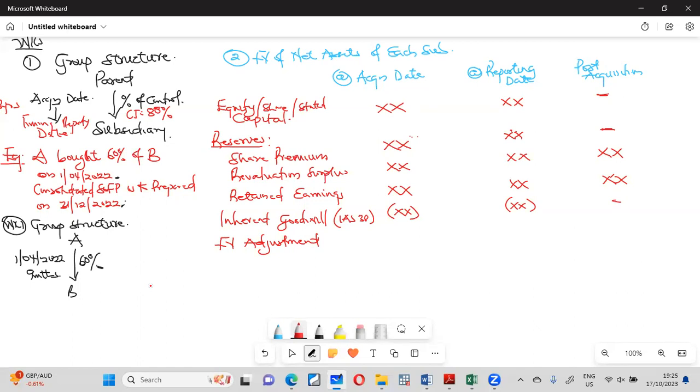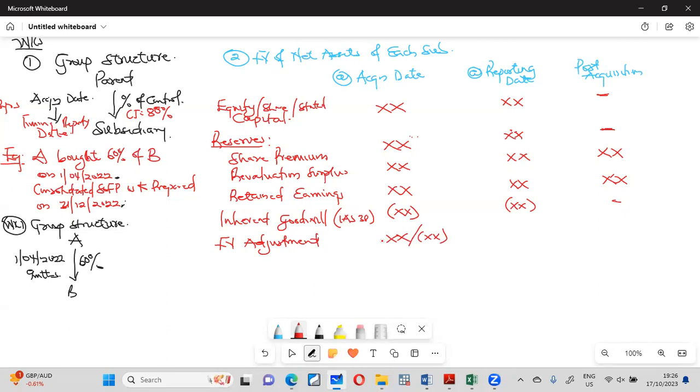If the adjustment is on land, it's a PPE, so it will be land at the acquisition date. The fair value adjustment will be land. Now, the adjustment can be a positive adjustment or a negative adjustment, so please take note of that.